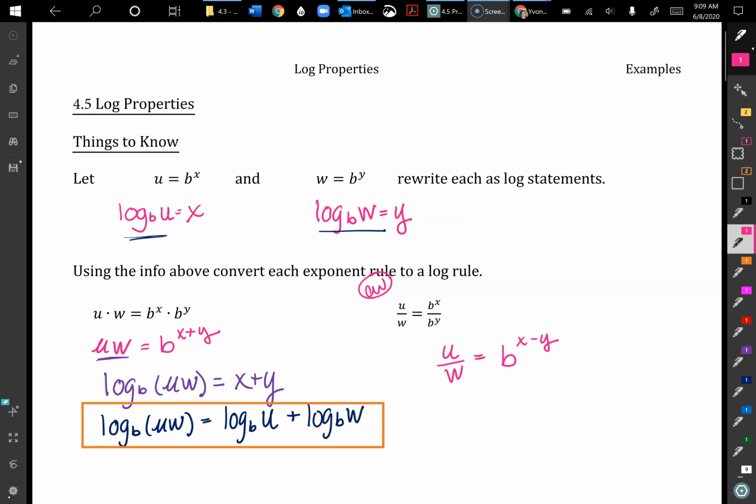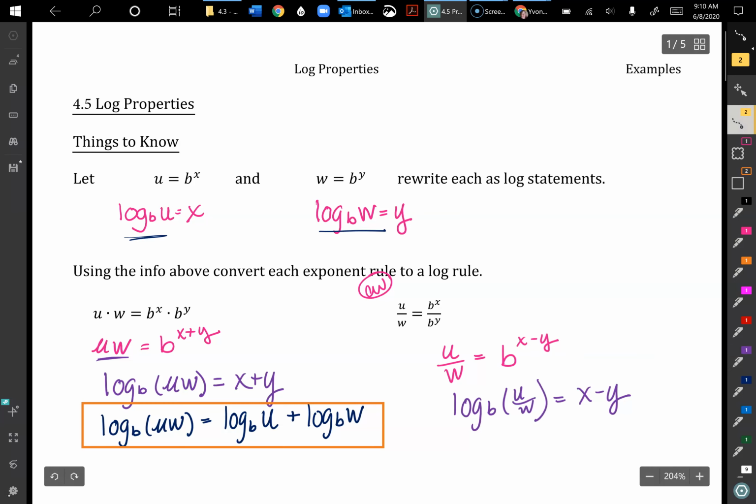Now we're going to just rewrite it into log form like we did before. So pause and do that. So again, log base b of our kind of result here, if you will, equals our exponent, x minus y.